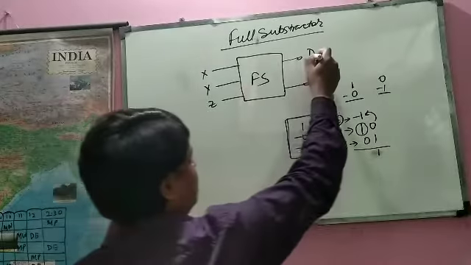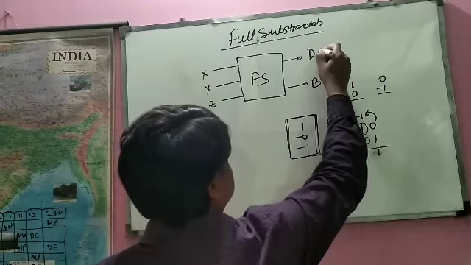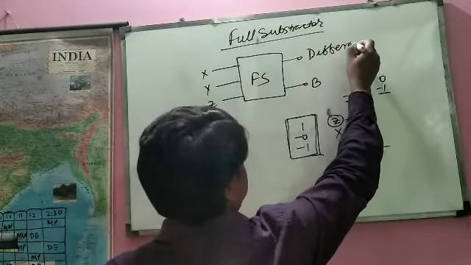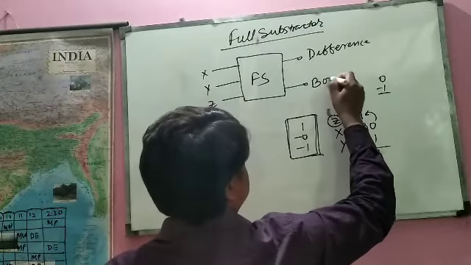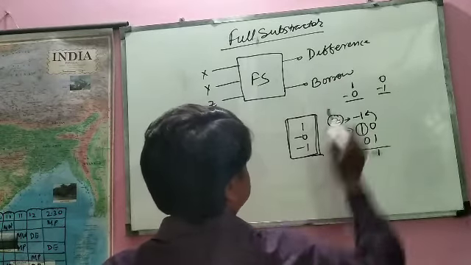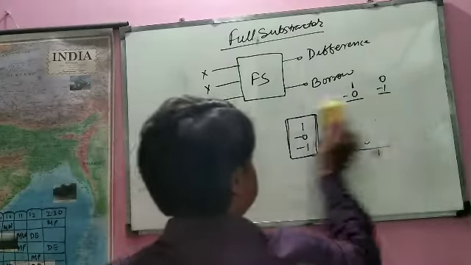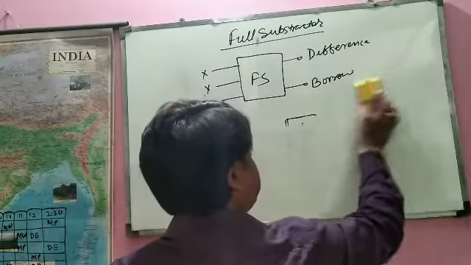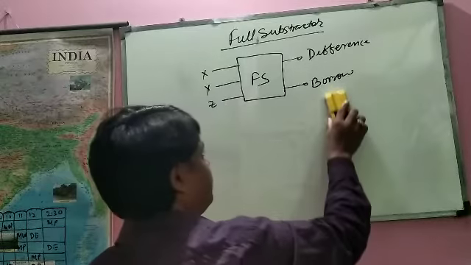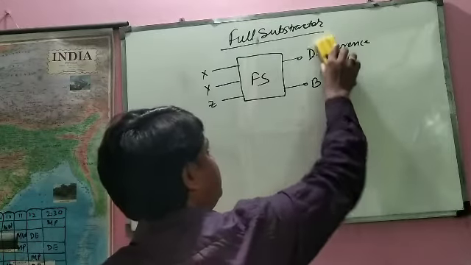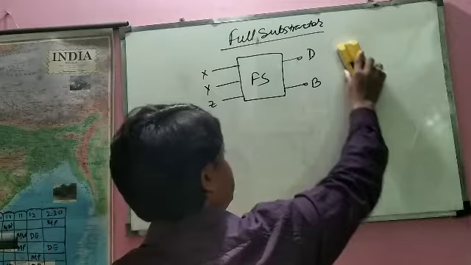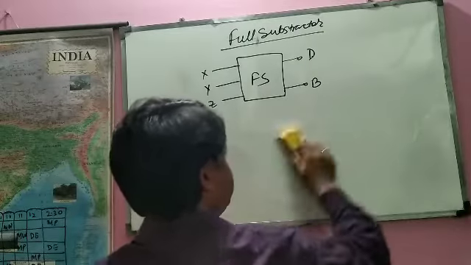So this is the difference and this is the borrow. Put it only as D and B so that it looks simple.